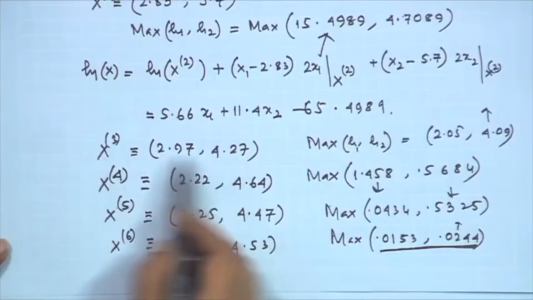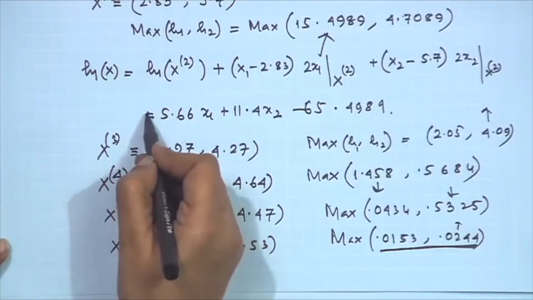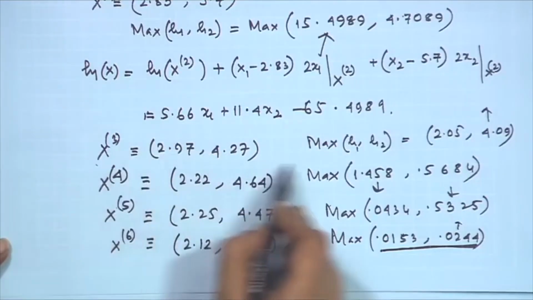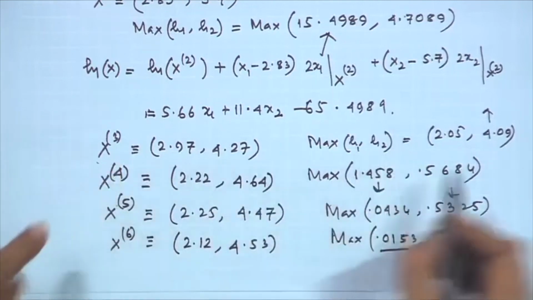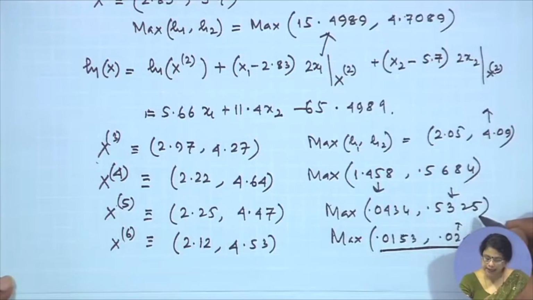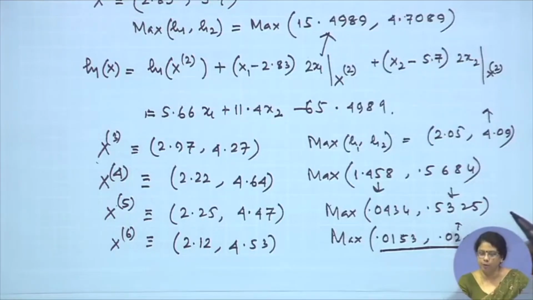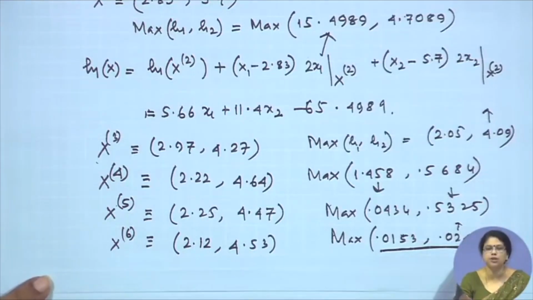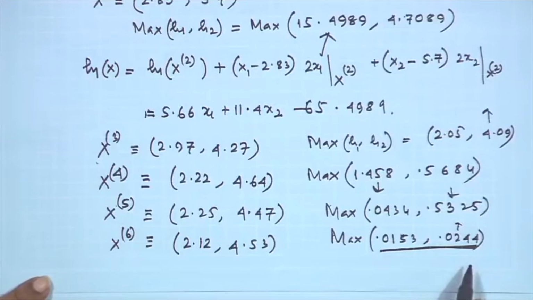Here I have given you the optimal solution after adding this one. Again you have to formulate one cutting plane in terms of h2, here in terms of h1, here in terms of h2, and append one after another to the original problem. Ultimately, you will get the solution of the problem as this one.